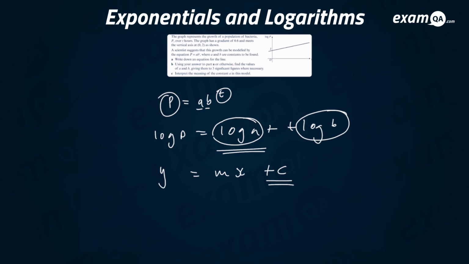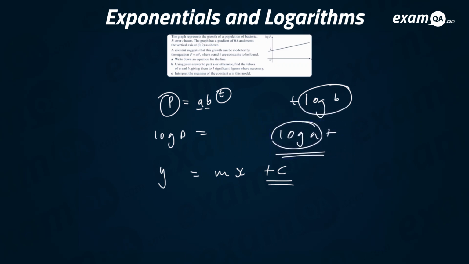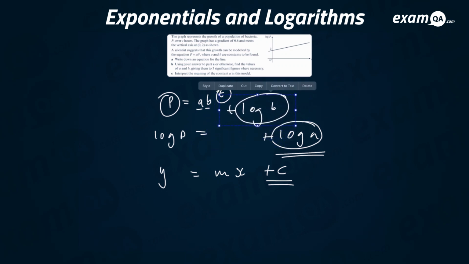Do you see how we derived that? Log a must have been the plus c because it's by itself. And that makes sense because of t log b, so let's try and make sense of that now.